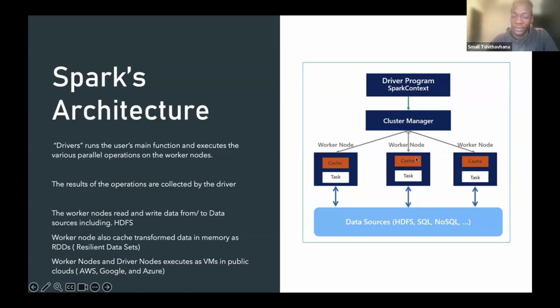You can look at the slaves as nodes in a shared-nothing architecture as well.